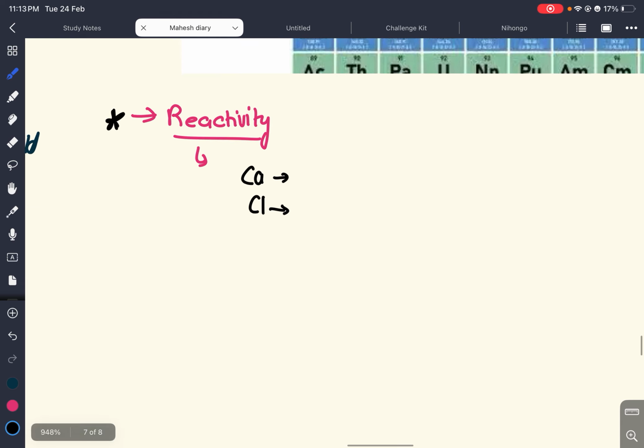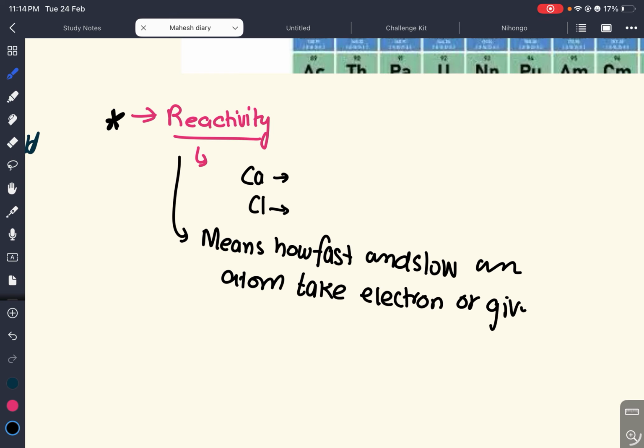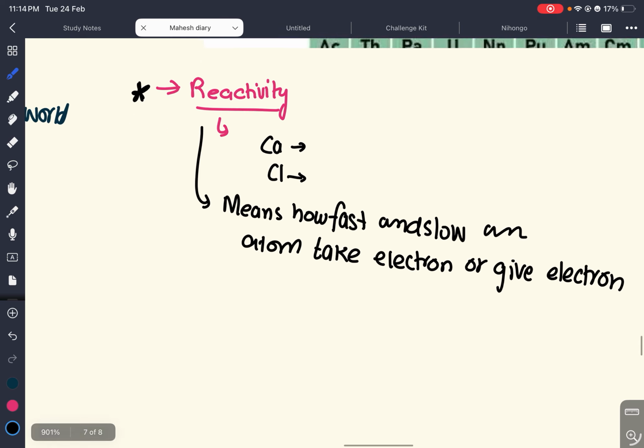So what is reactivity? Reactivity means how fast or slow an atom takes electrons or gives electrons. Alright, so that's what reactivity is.